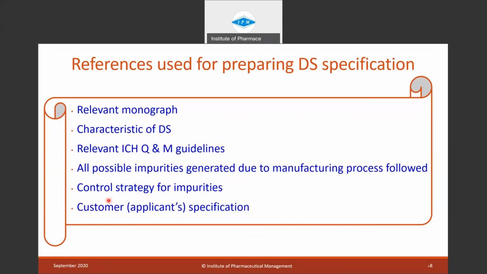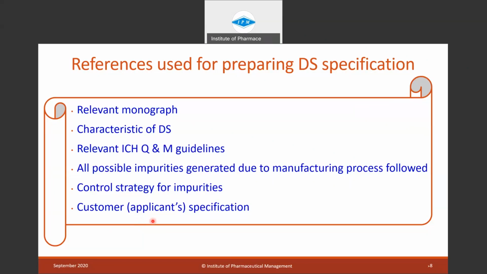Very important point. And along with this, your customer who is expecting you to follow some additional tests, for example particle size distribution, or if his formulation is injectable, then drug substance should have some specific test like microbial enumeration test or bacterial endotoxin test.